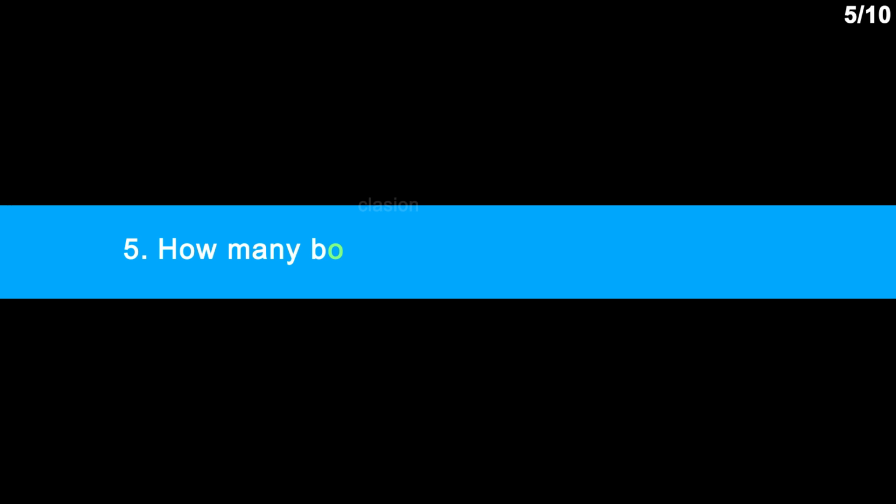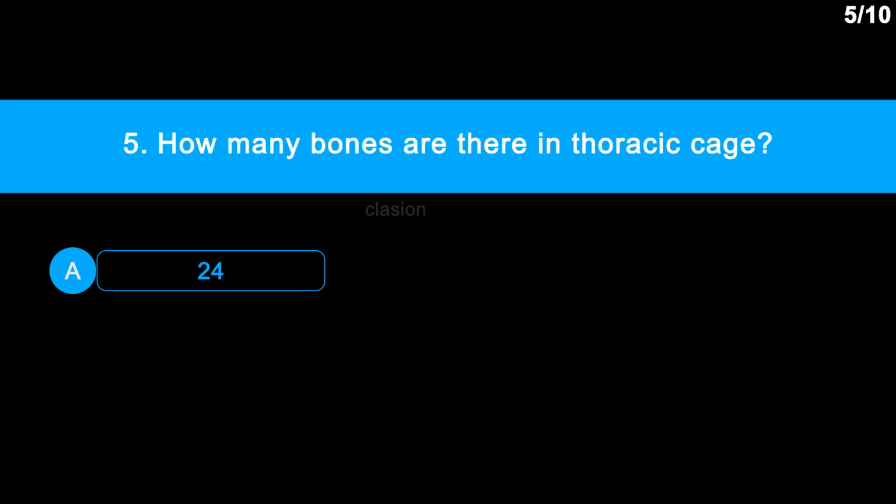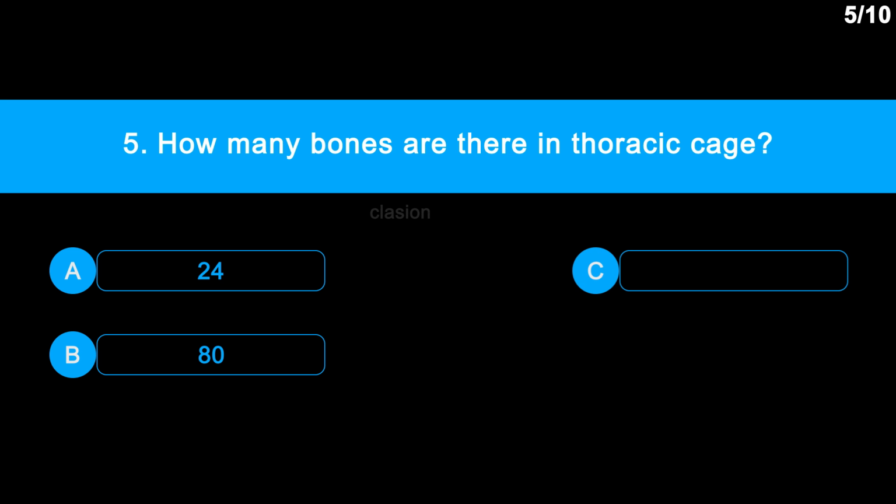Question number 5. How many bones are there in thoracic cage? Option A, 24. Option B, 80. Option C, 12. Option D, 37.